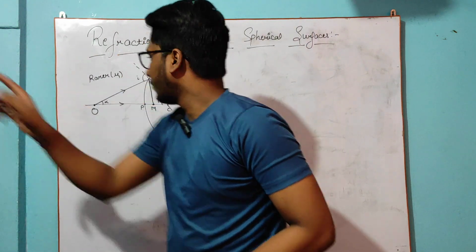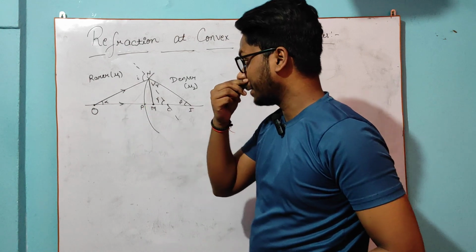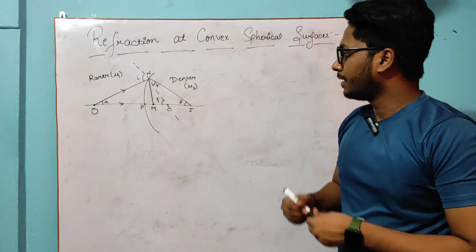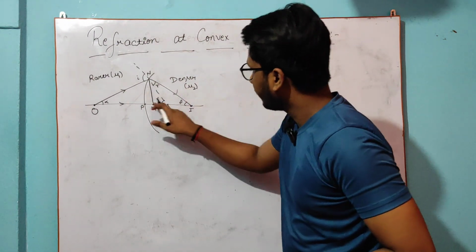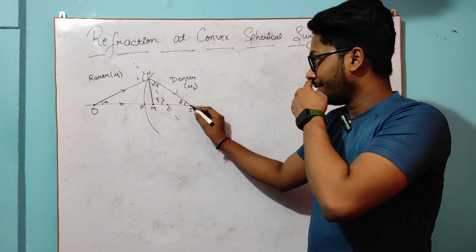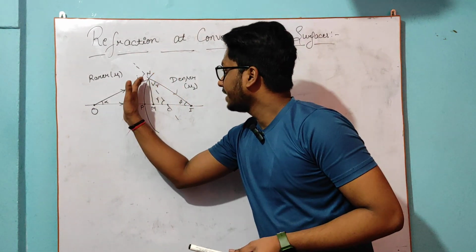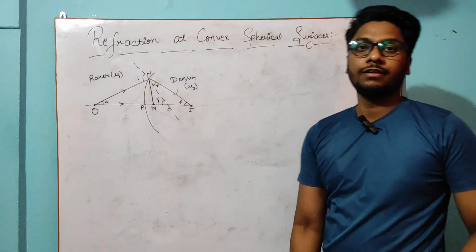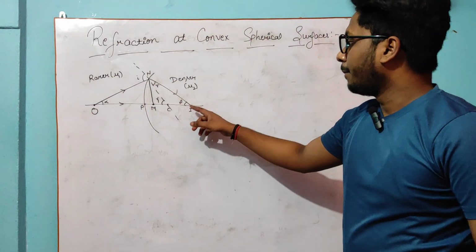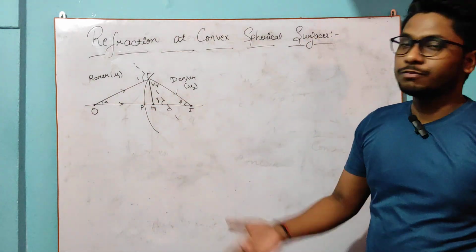The one ray is this one, and the other ray is this one, which passes through the optical center and goes undeviated. The image formation takes place here, because one ray is this one and the other ray is here; they will meet at this point I. Now this incident ray, this refracted ray and this normal, which passes through the center of curvature, make angles alpha, beta, gamma respectively with the principal axis.